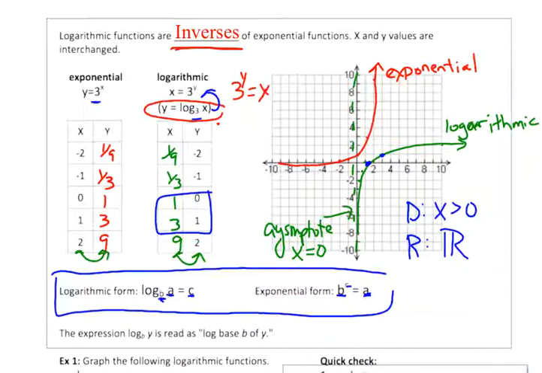So it goes down forever and it goes up forever. Even though it's going up really slowly, it's going to go up forever. Since our domain is x greater than 0, I can only take the log of numbers that are more than 0. It's impossible to take the log of 0, and it's impossible to take the log of any negative number.